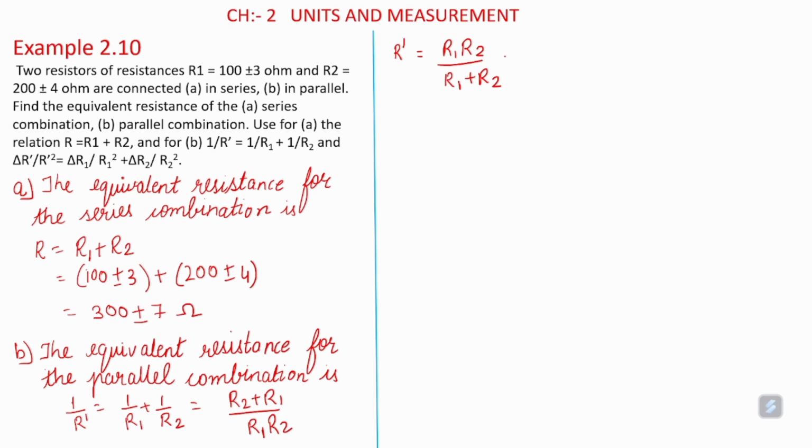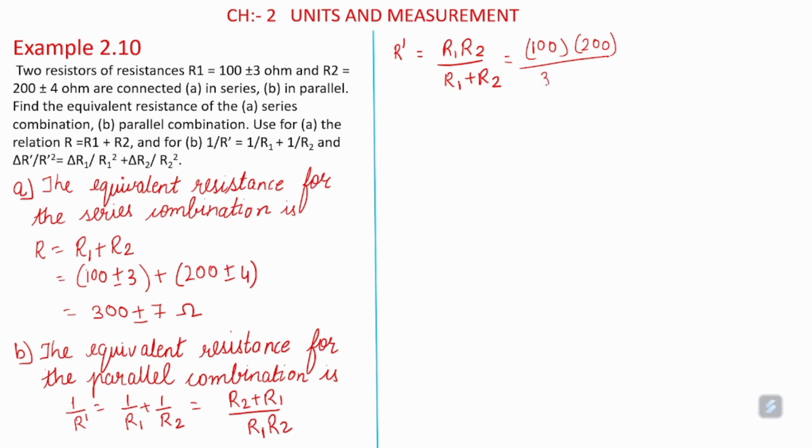So now we will substitute the values. R1 we have 100, R2 we have 200, upon R1 plus R2.